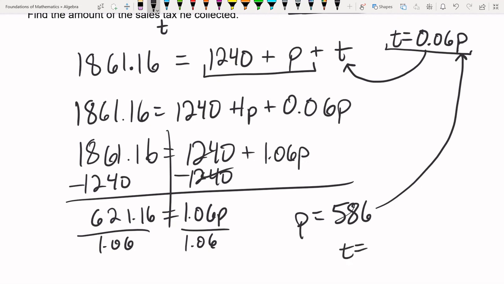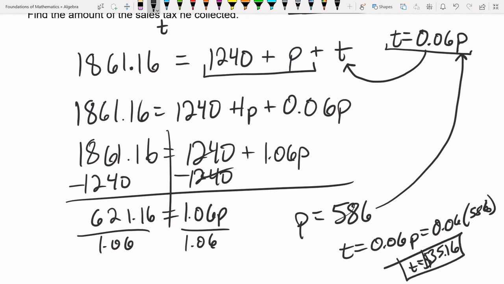So t equals 0.06p, which is 0.06 of 586. 0.06 of 586 gives us 35.16. That's how much sales tax the auto mechanic had for the parts.